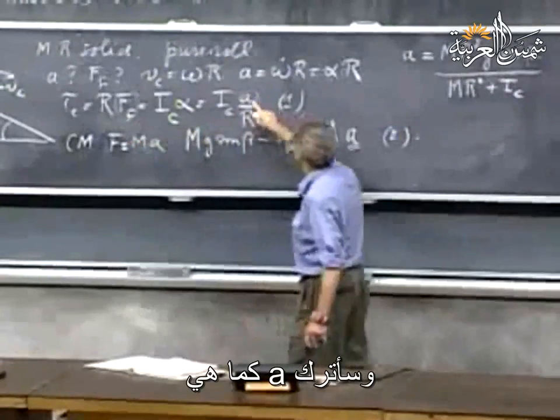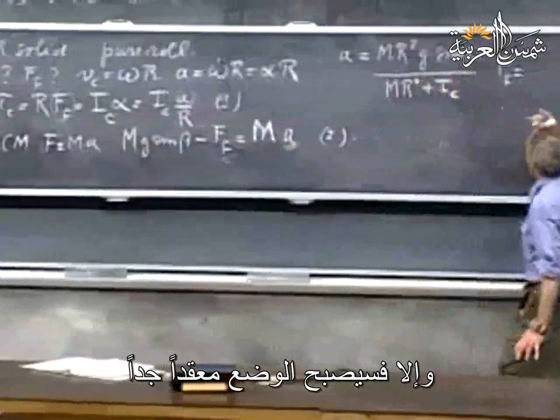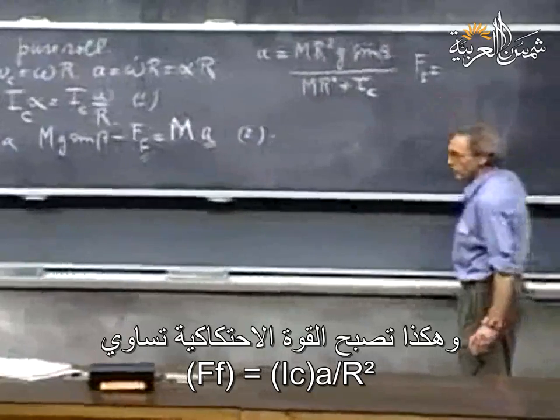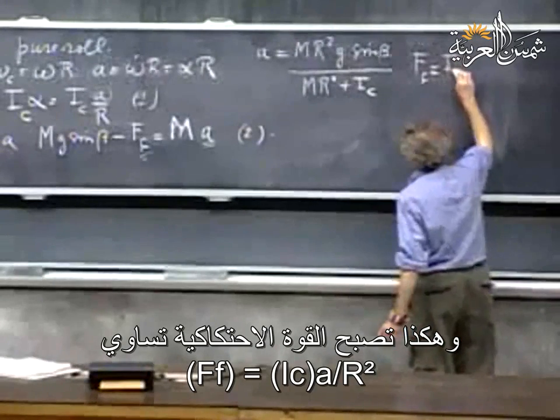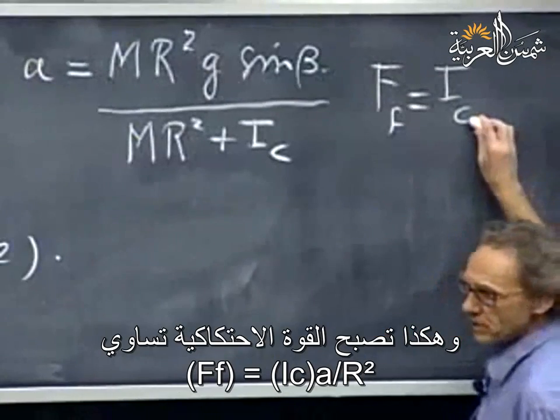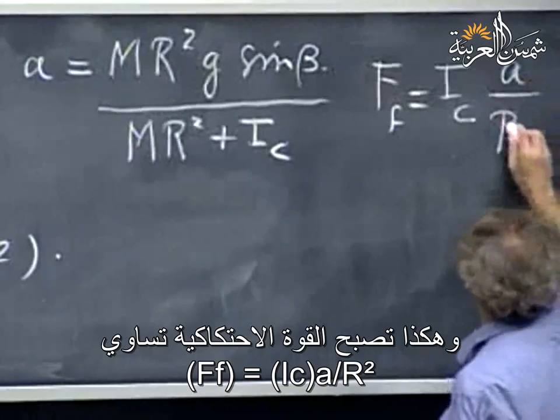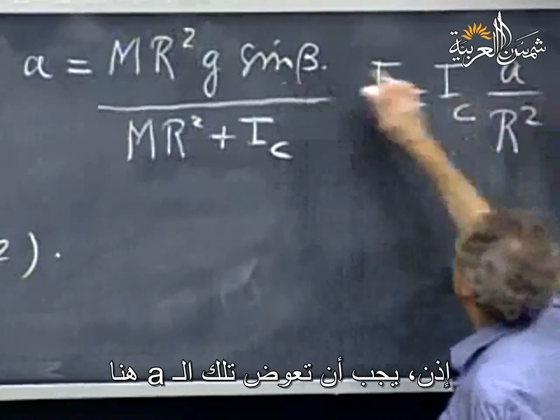I will leave a as it is, because it becomes too complicated otherwise. So the frictional force becomes the moment of inertia about C times a divided by r squared. So this a has to be substituted in here.